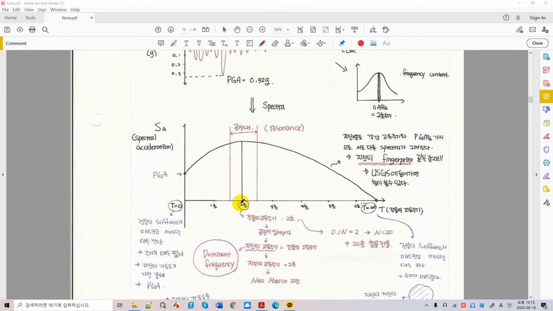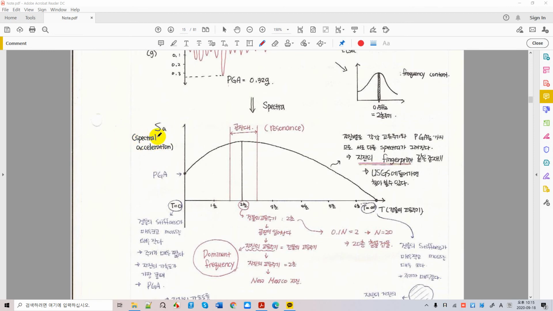Let's take the x-axis representing period. Okay, this is period. And the y-axis represents spectral acceleration. This is the acceleration axis, but we put spectral because this is a seismic value. So you will say spectral acceleration, and this is a maximum seismic value.